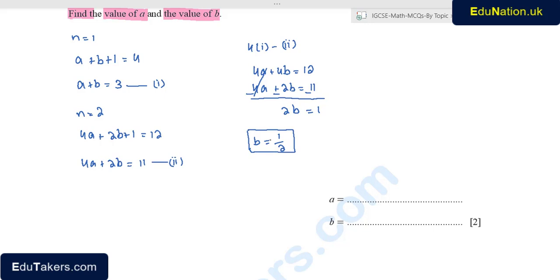Now by using b equals 1 over 2 in equation 1, this implies a plus 1 over 2 equals 3, a equals 3 minus 1 over 2, which is equal to 5 over 2. A is 5 over 2 and b is 1 over 2.